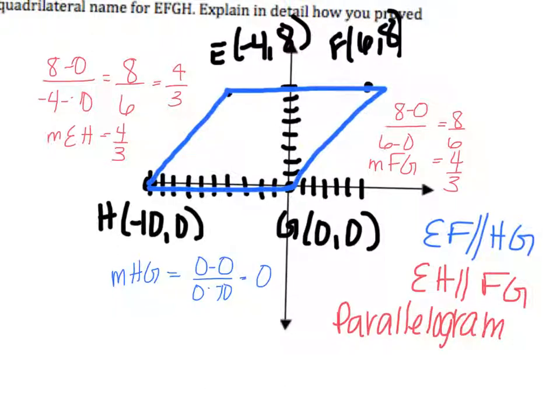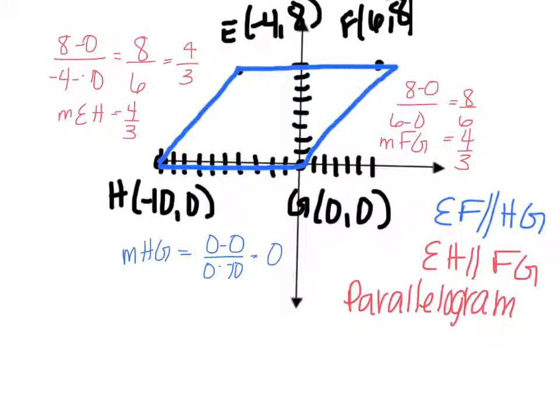Now, if you look at your quad family tree, you've got a couple parallelograms going on. You could have then a rectangle or a rhombus. So let's distinguish between those two. The major difference between a rectangle and a rhombus is the fact that the rectangle has perpendicular sides. If we look at our slopes or at our picture, it doesn't look like the lines are perpendicular, but we've got to show that mathematically, and how we do that is by looking at the slopes.